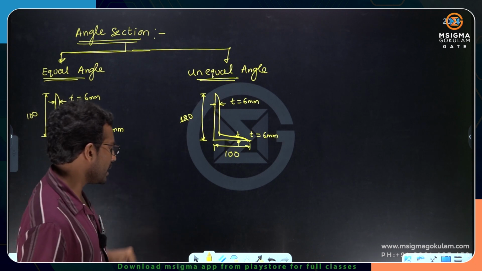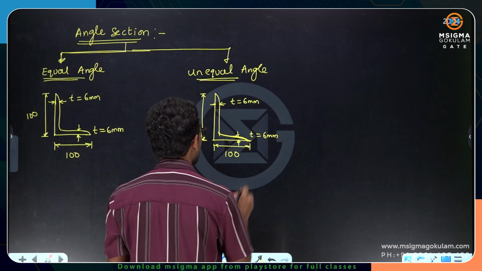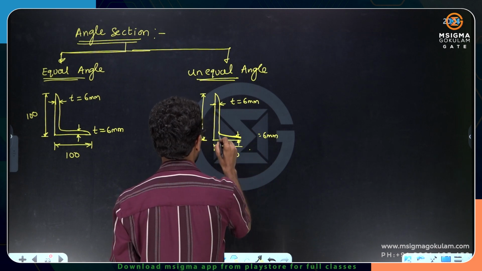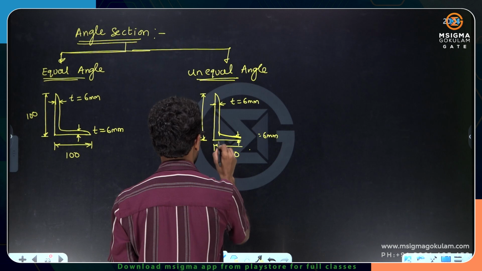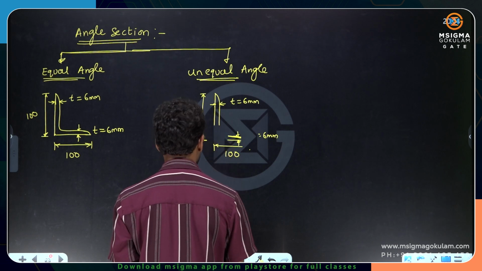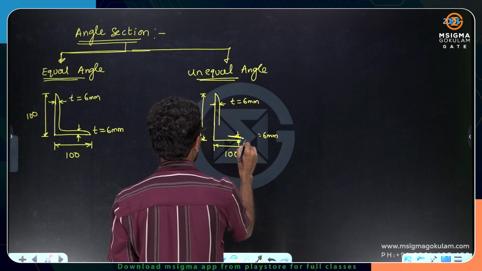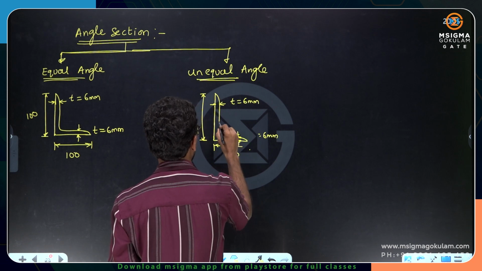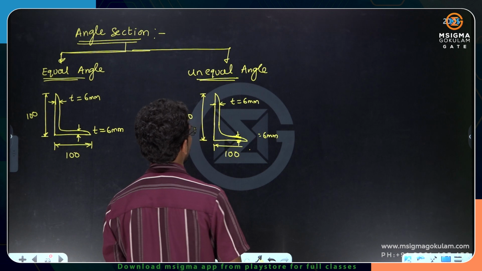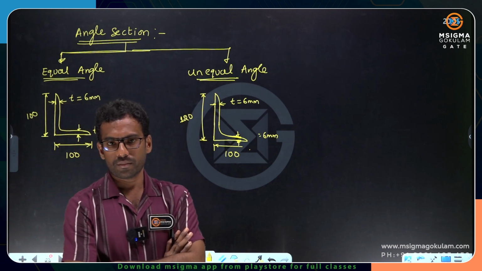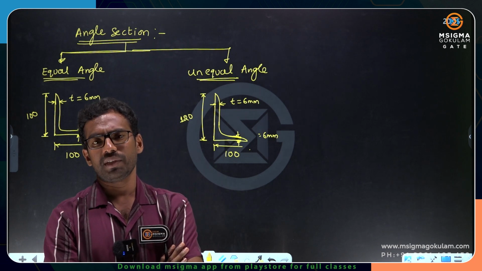My dear friends, understand one more thing here. Where do you provide this kind of angle sections? These angle sections perform better in case of axial forces. Whenever there is an axial force, these are the best sections we can provide.